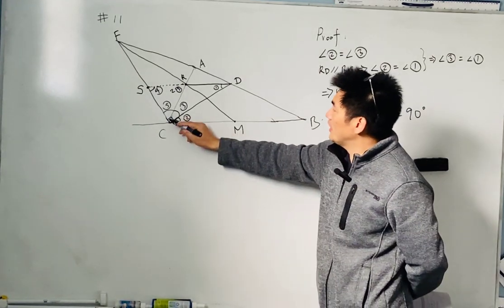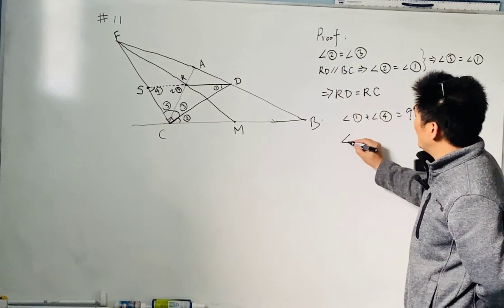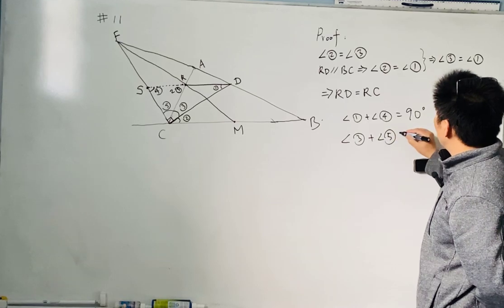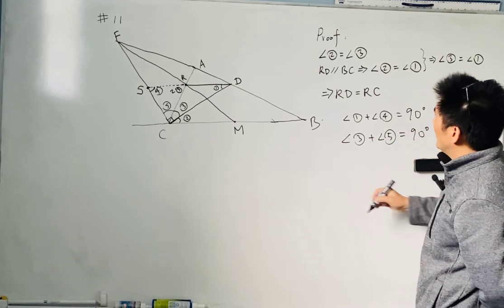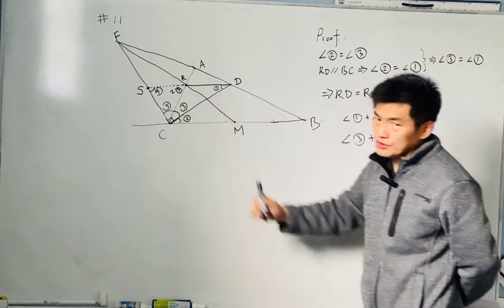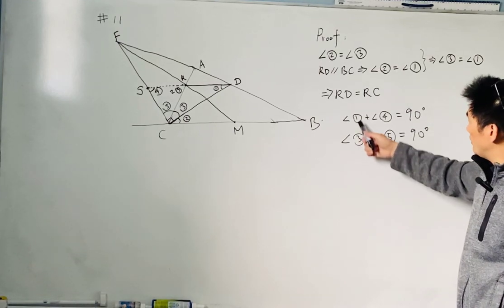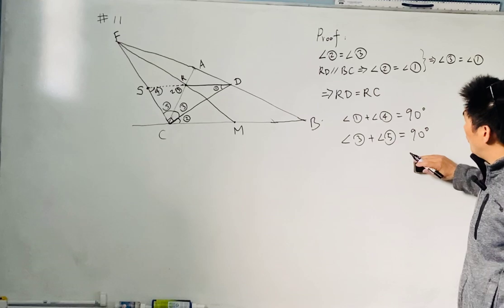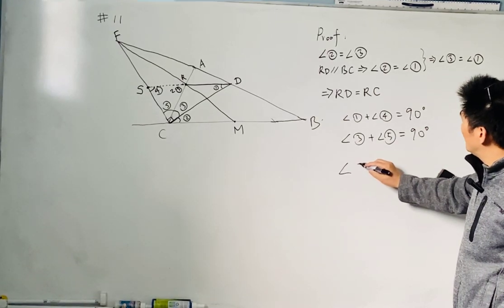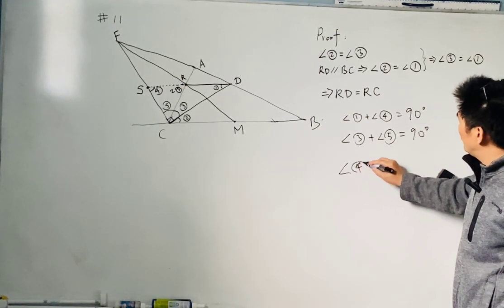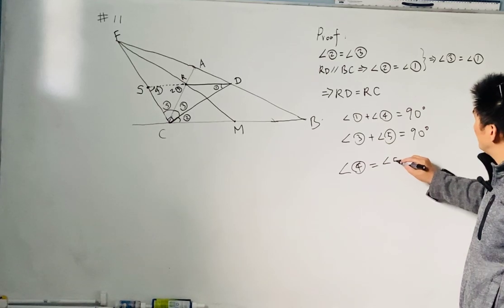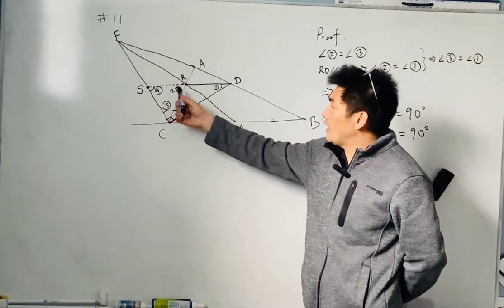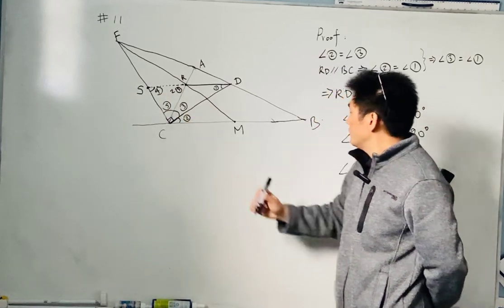And because this is 90 degrees, angle 3 plus angle 5 is also 90 degrees. And because we have angle 1 equals angle 3, these two angles are equal, so these two will also have to be equal. So we get angle 4 equals angle 5. Okay? So that means SR equals RC.